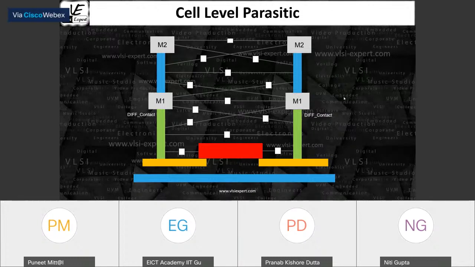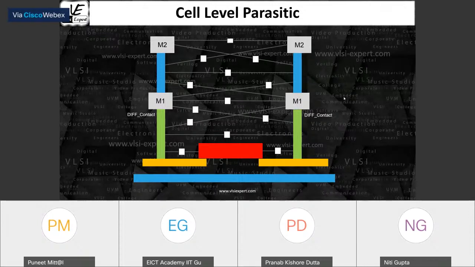It's not going to change. It will change, but not much, I would say. Because of the metal one routing, it can be affected a little bit, but that is very small in nature.